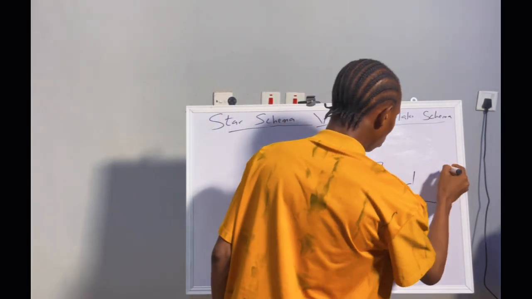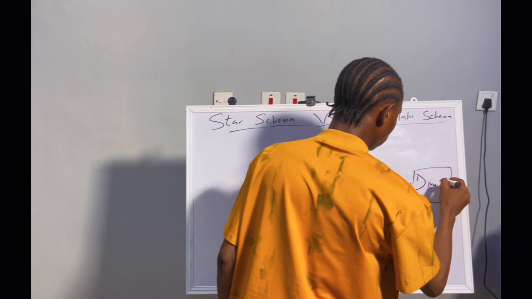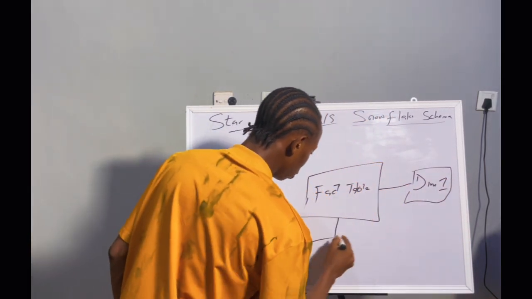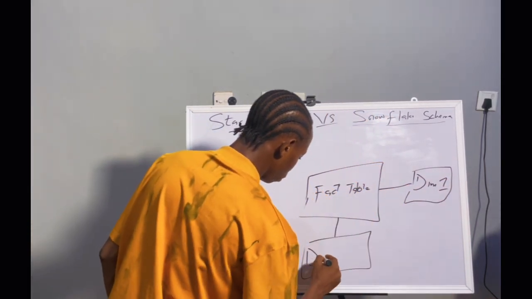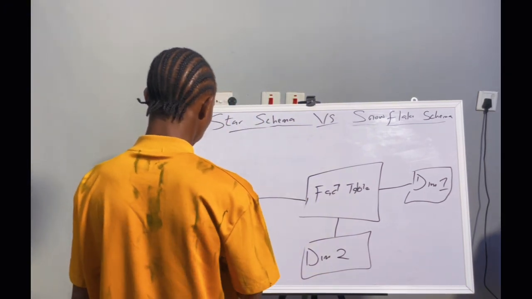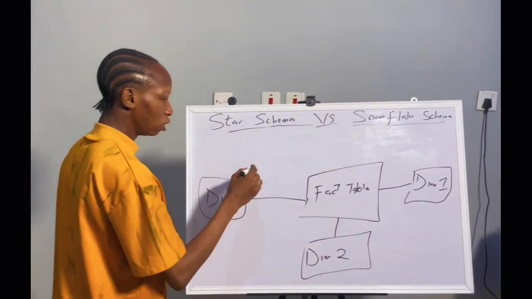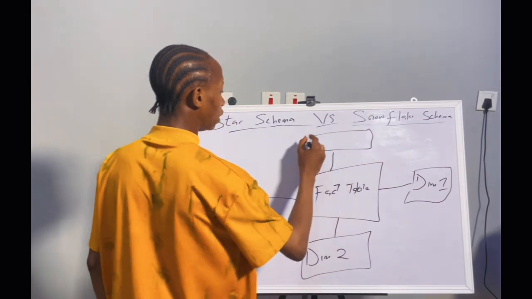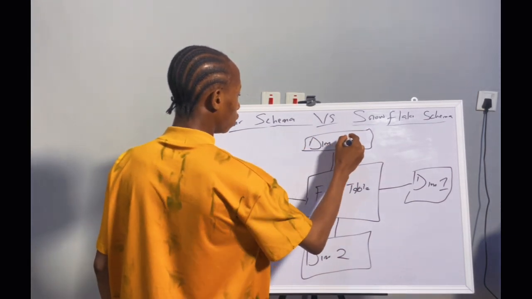Let's say dimension table 1, dimension table 2, dimension table 3, and dimension table 4.